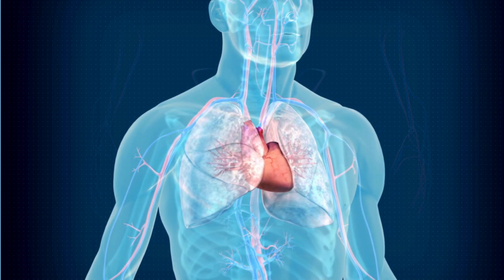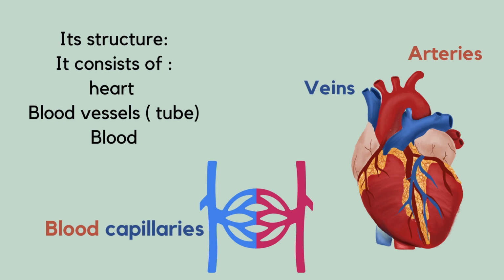So we can say that the structure of the circulatory system consists of the heart, blood vessels, and blood. As you see here, we have 3 types of blood vessels. We see vessels that are red, okay, and vessels that are blue. And here we have like a web of very tiny blood vessels that connect the red vessels with the blue vessels.